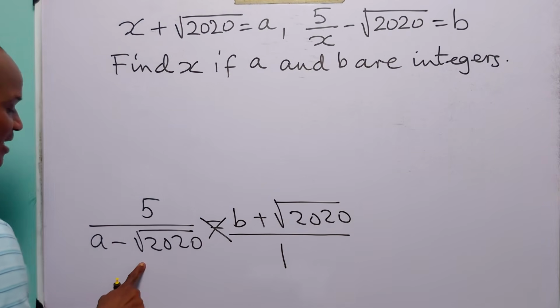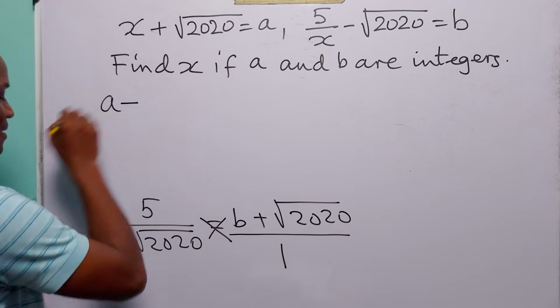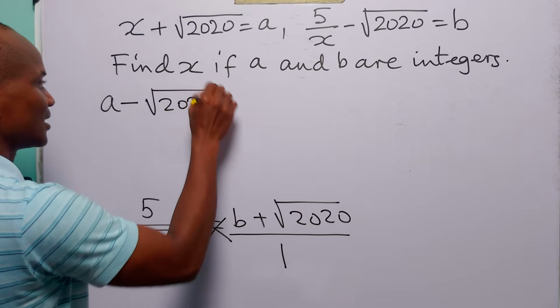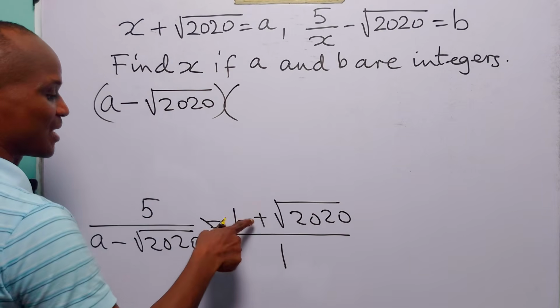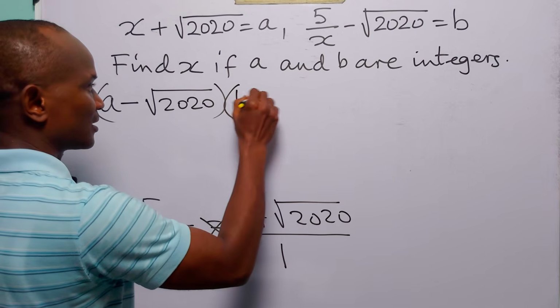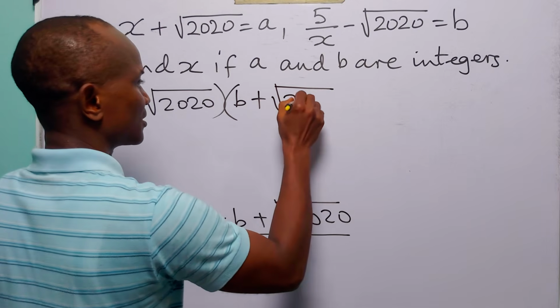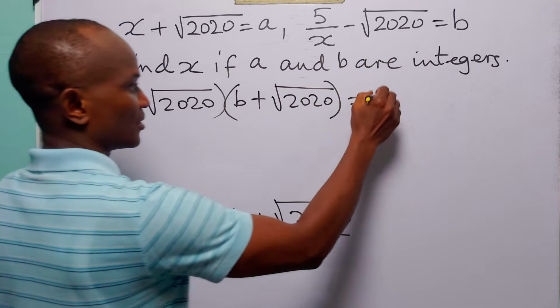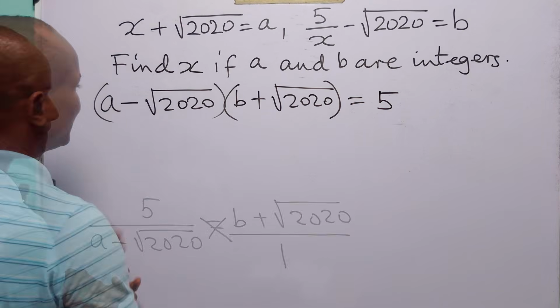When we do that, we have that a minus root 2020 multiplied by b plus root 2020 is equal to 5.